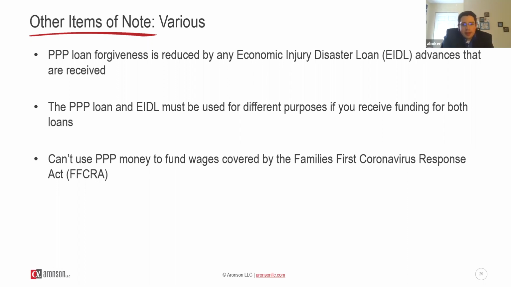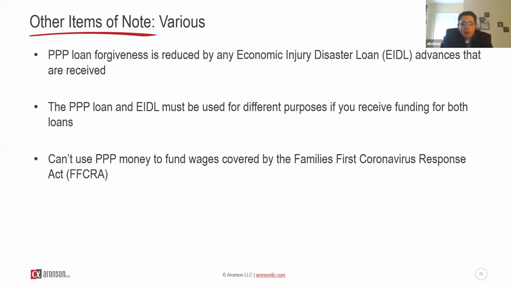Now, this is still applicable from last time. If you have a PPP and an EIDL, you've got to use them for different purposes. So for instance, the PPP loan's primary purpose is payroll, rent, utilities, mortgage interest. You can't turn around and use the EIDL for those same items. You've got to use it for something else. And you can't use PPP money to fund wages that are covered by the Families First Coronavirus Response Act.